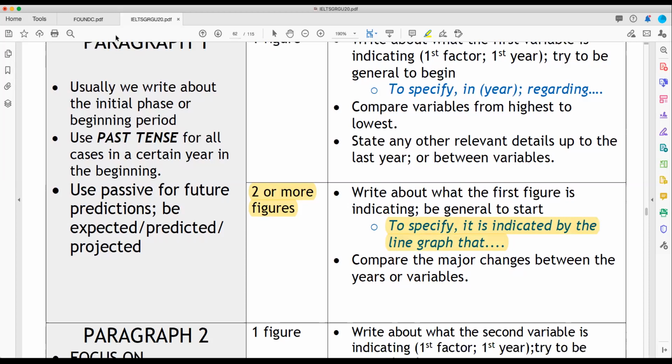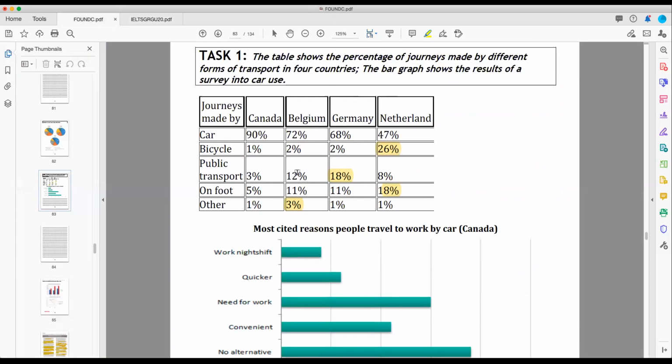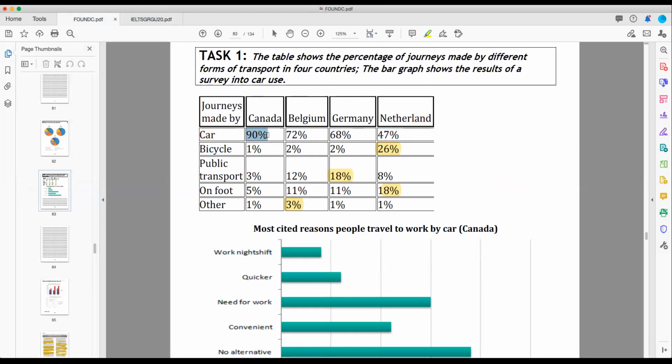And also, what we want to do, because we're only talking about 1 figure comparing this one, and it looks like to me that car is the highest everywhere. Right? Yes.